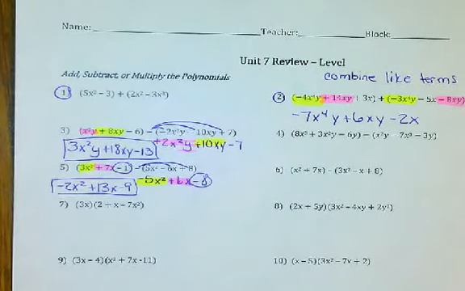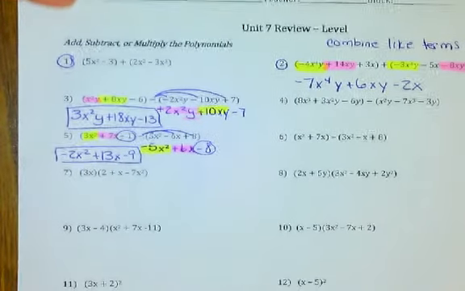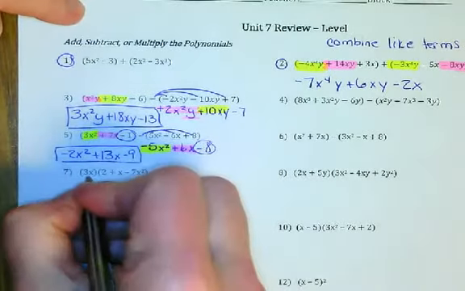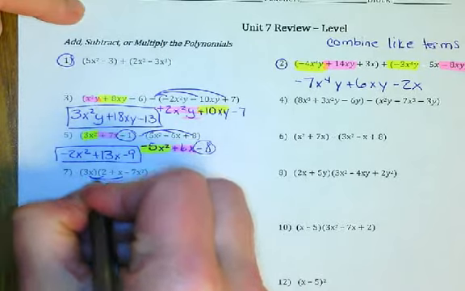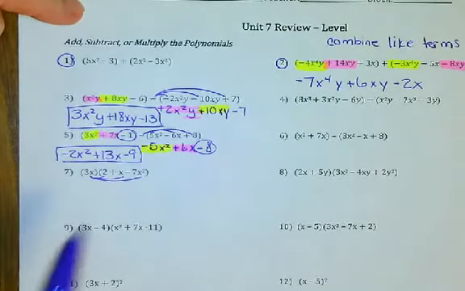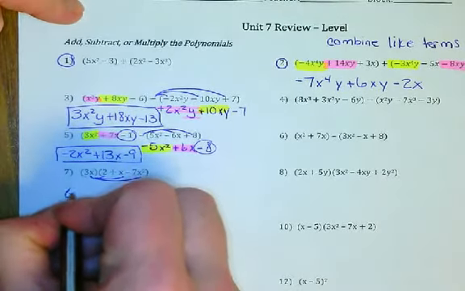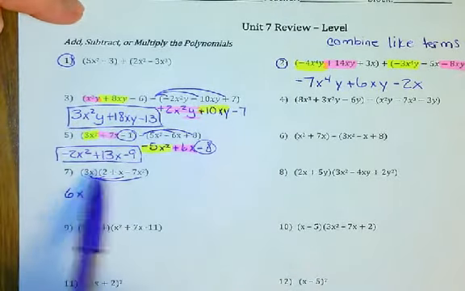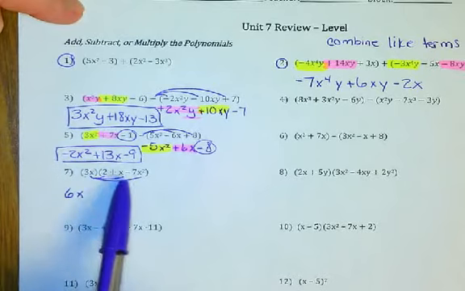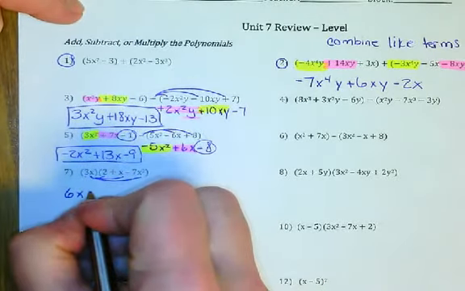Alright, on number 7, that's definitely one of the more basic ones. So on number 7, all you're doing is multiplying that 3x by the 2, by the x, and the negative 7x squared. Now, I need to make sure I'm adding my exponents as I'm doing this. So 3x times 2 is going to be 6x. 3x times x, notice you have 2 of them, is going to be 3x squared.